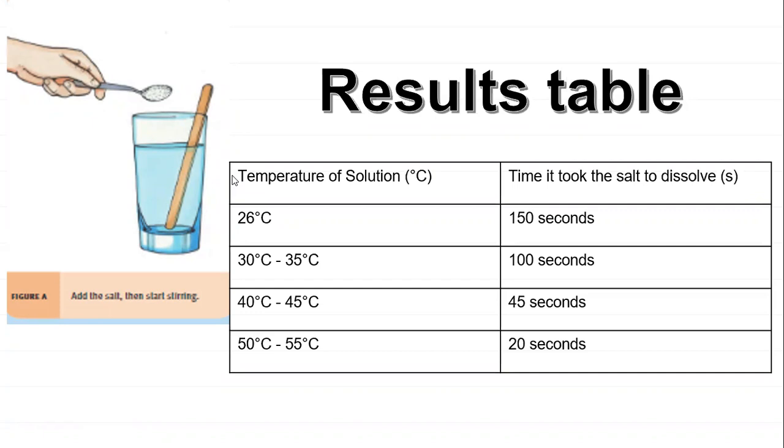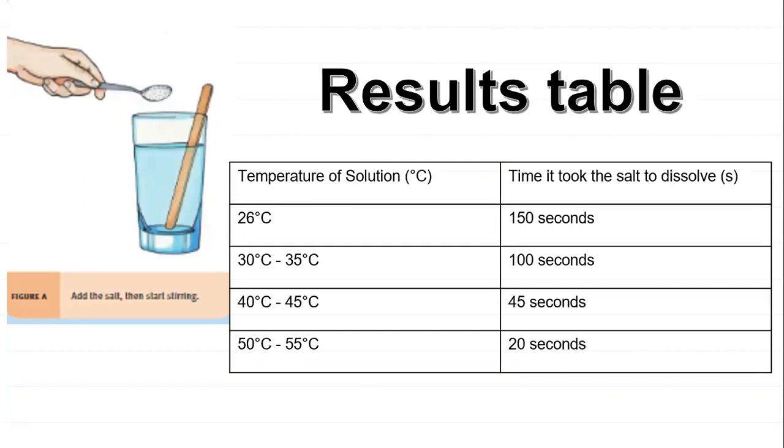Okay, and you were supposed to get a temperature which is between 30 degrees Celsius and 35 degrees Celsius, as well as heat more water to give you a temperature between 40 degrees Celsius and 45 degrees Celsius. And we're also supposed to get water ranging between 50 degrees Celsius and 55 degrees Celsius.